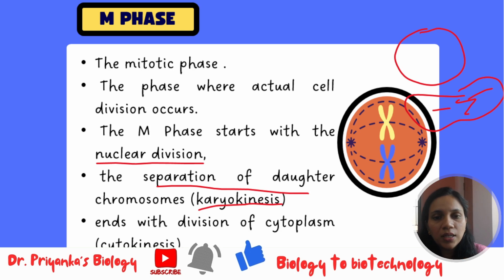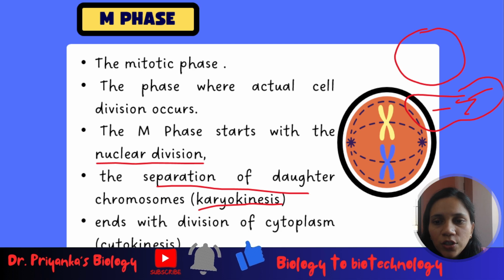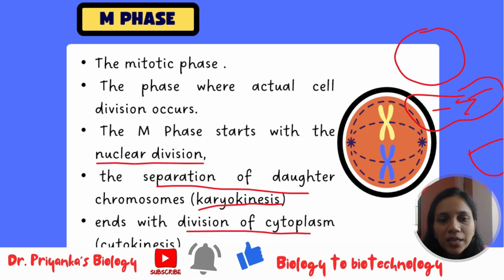And the last part is going to be the end of the division. This end is going to be with the division of the cytoplasm. When the cytoplasm is divided, you will get the two daughter cells. The process of division of cytoplasm is called cytokinesis.